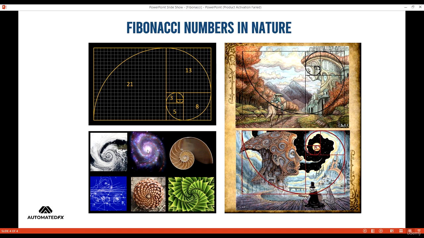Look at this image of the galaxies. It tends to follow the Fibonacci spiral chart, and all of these are natural things occurring in nature. So this tends to guide beauty and nature and so on. Look at these artworks that also follow the same principle.